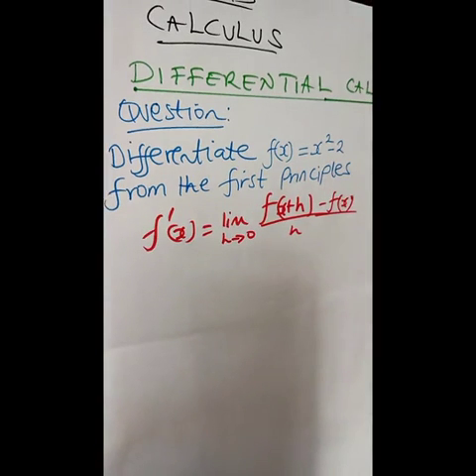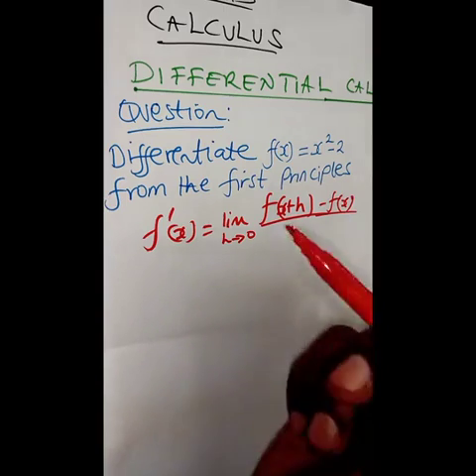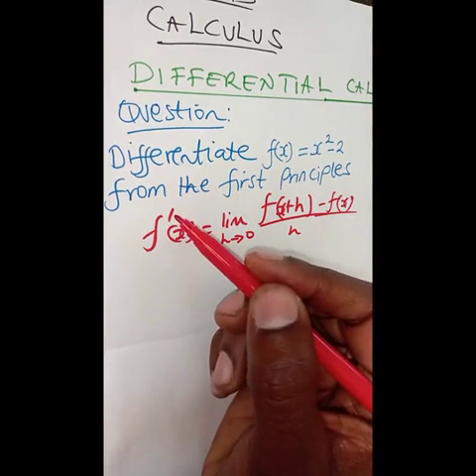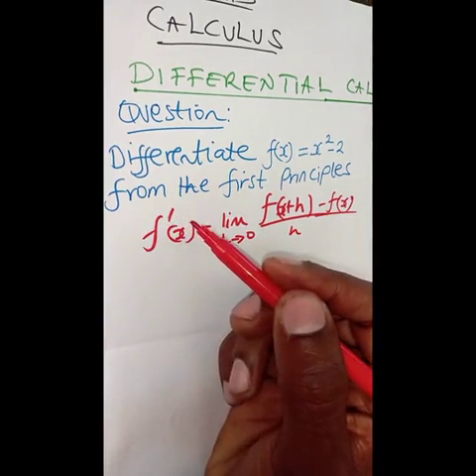See that? So limit h tends towards 0, f of x plus h in brackets, and then minus f of x over h, like that. This is a symbol for differentiation as well. We call it prime. It's another notation for differentiation.